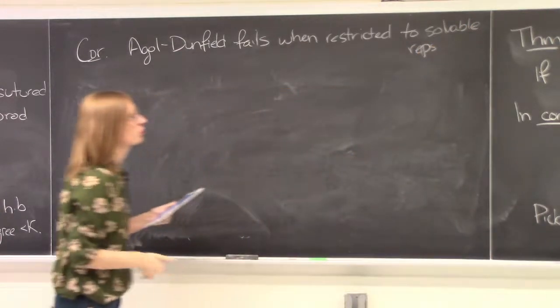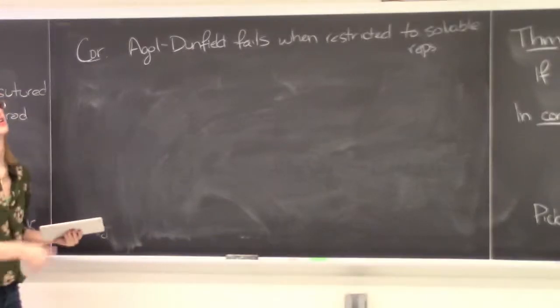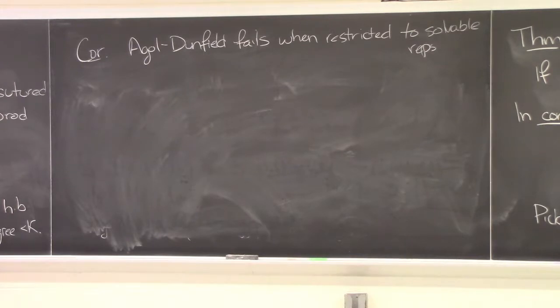So in the setting of solvable representations, this conjecture fails in a strong sense, where we need the dimension of representation to be arbitrarily high.